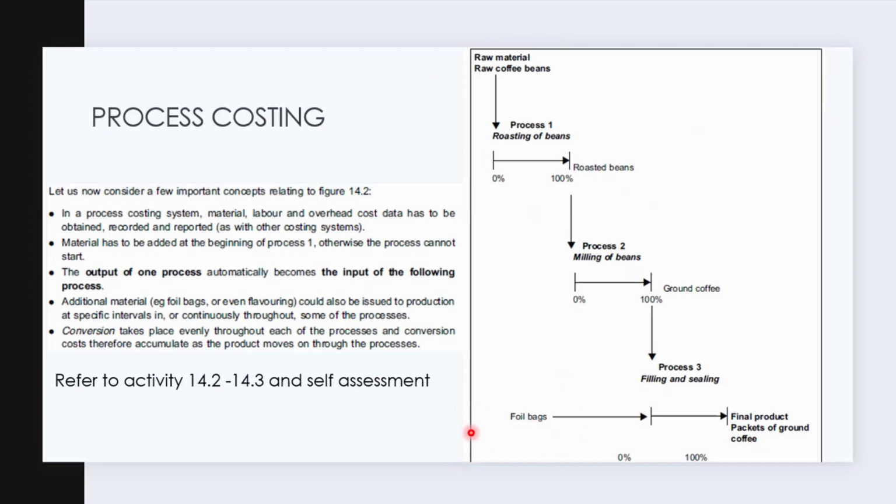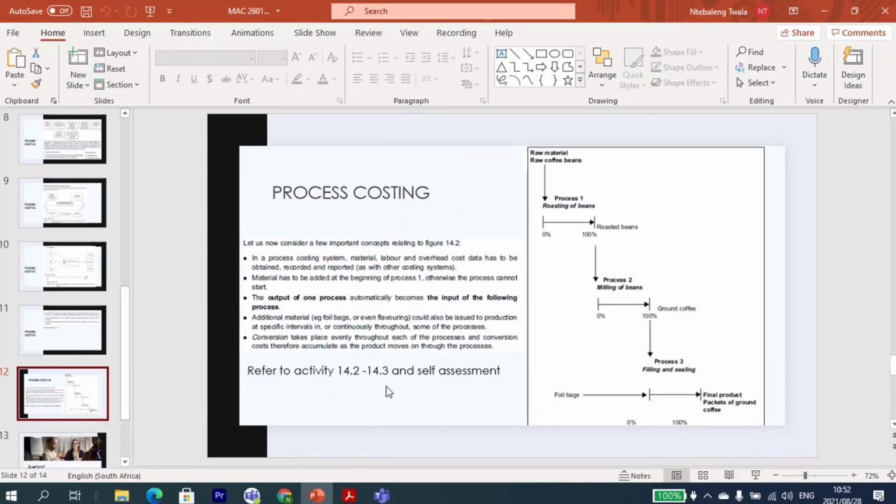And there's these things of additional materials that can be added during these processes, like your foil bags or your flavoring. It depends on what you're making, and then of your input for the next process. So I hope that makes sense.